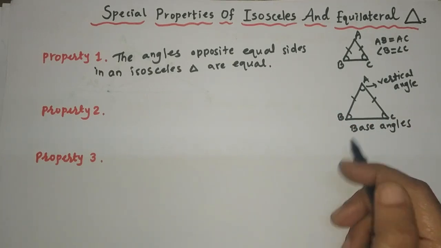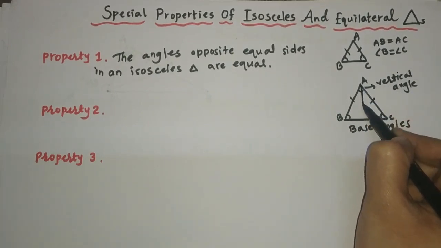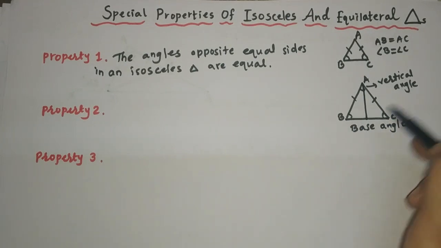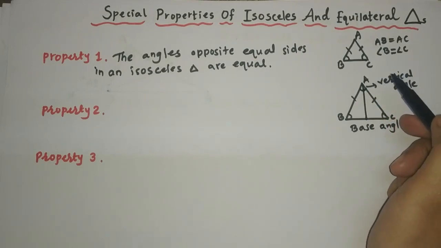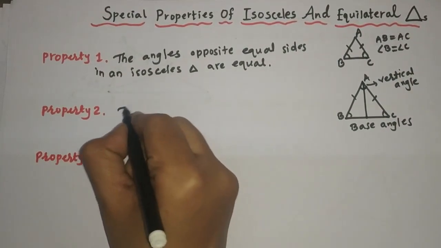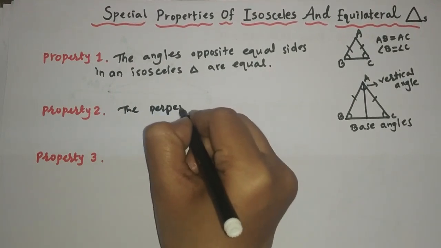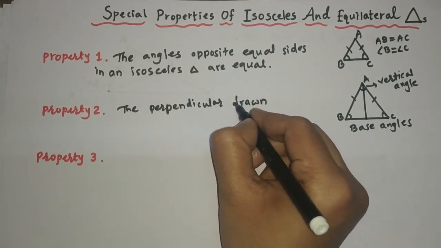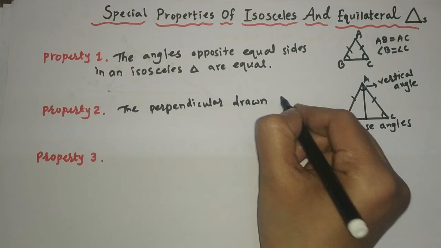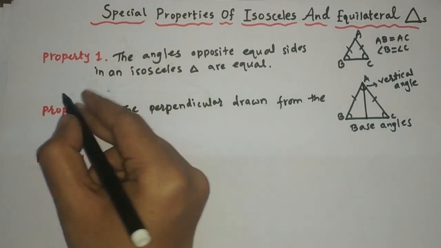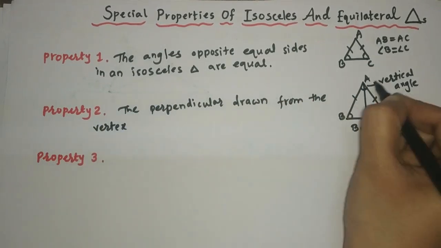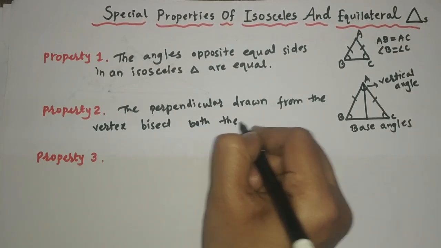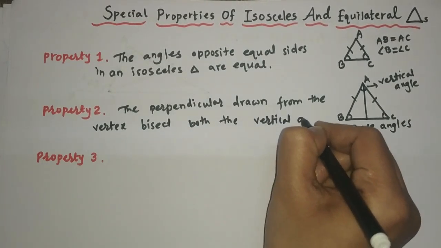Suppose you draw a perpendicular from here to the opposite side, then it is going to bisect this side BC, and in the same way it bisects this angle A. So I can write: the perpendicular drawn from the vertex is going to bisect both the vertical angle and the base.